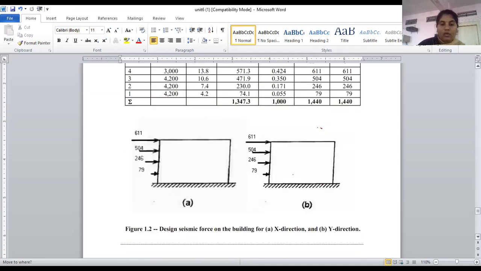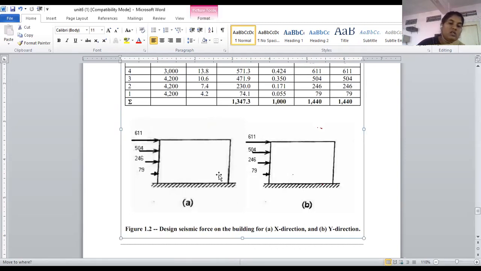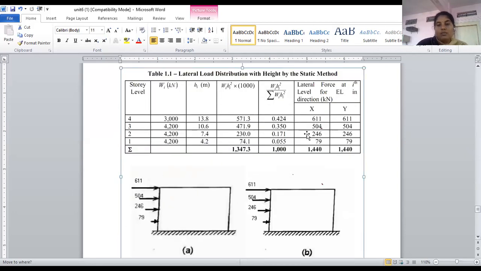So I hope all of you have understood, and now we can show all the values which are coming on each and every story with respect to this figure, that is the seismic weight which is coming on each and every story with respect to the seismic force. So you can see 611, 504, 246, 79. These are the seismic forces coming on each and every story. So I request all of you, please make this calculation in your notebook. It is very simple.